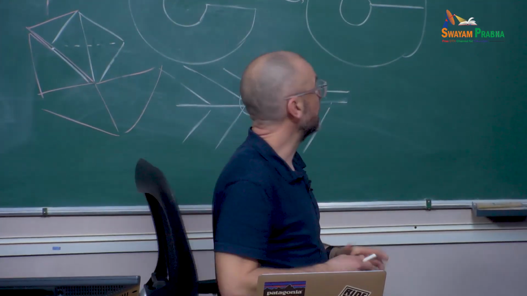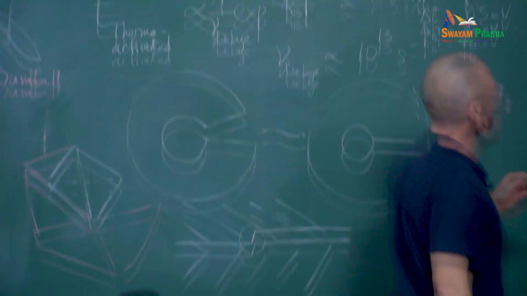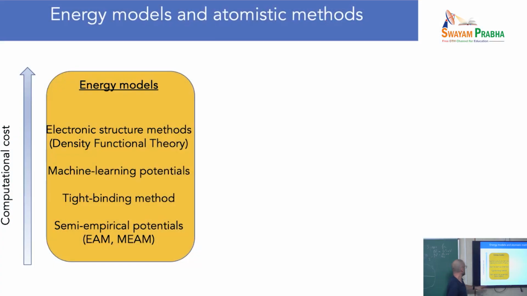Now in terms of energy models, there are different families, and they are ordered here as a function of their computational cost. The most accurate calculations we can do, at least in material science, is using density functional theory calculations. Someone mentioned VASP earlier. When you know how to do the simulation properly, they can give you quantitative predictions about materials properties if you do it right.